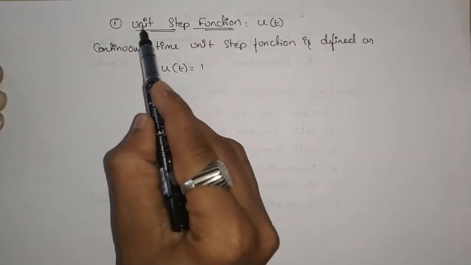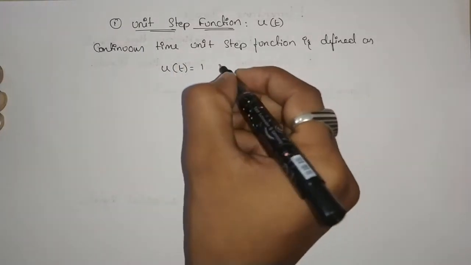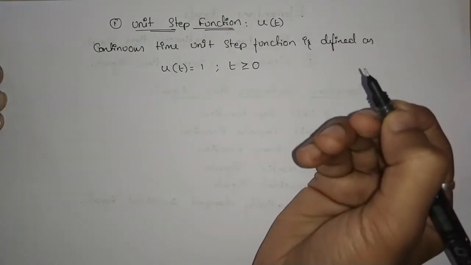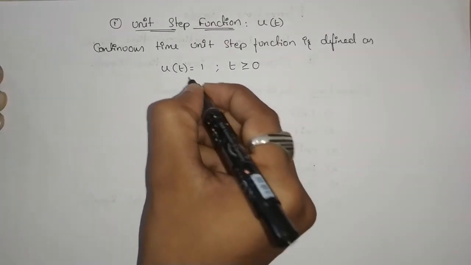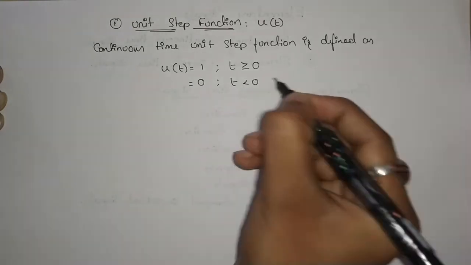Since it is unit step, unit means 1: u of t is equal to 1 for time t greater than or equal to 0, and u of t is 0 for t less than 0.